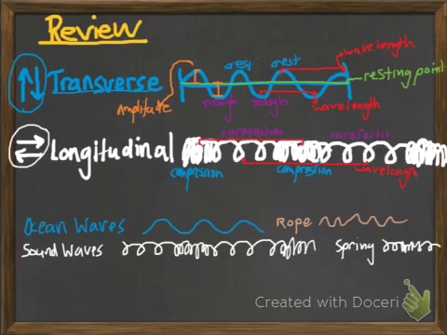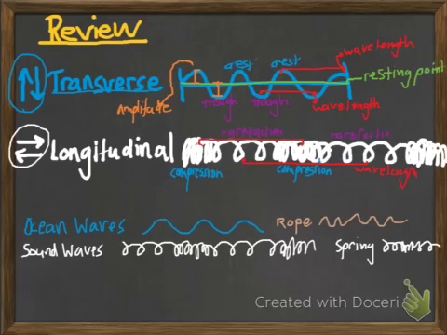We found the wavelength by measuring from the center of one trough to the center of the next trough. You can also find wavelength by measuring from a crest to another crest. Then amplitude, or the height of the wave, is measured from the resting point to the top of a crest, or the resting point to the bottom of a trough.